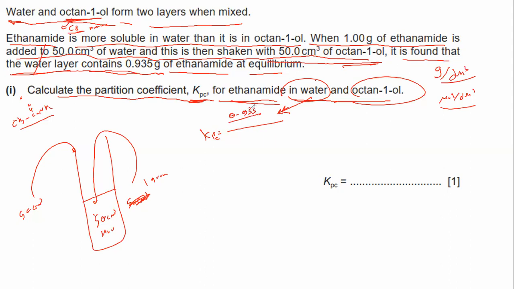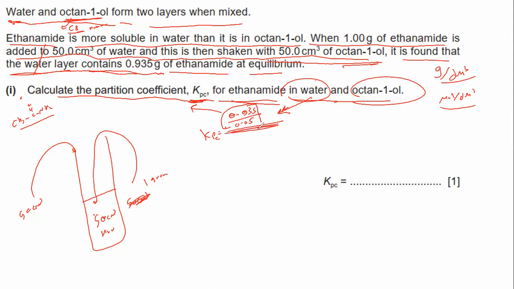This is the gram, this is the mass. We divide it by the volume, which is 50, so it is 0.05. We convert it to decimeter cubed. This is the concentration of ethanamide in the water layer. You can't do this one separately, but I prefer to do it now.